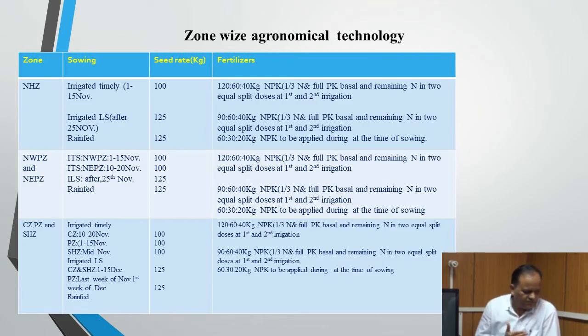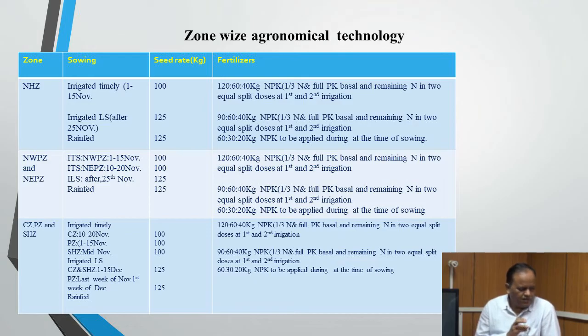And nowadays the fertilizer dose has been increased up to 150 kg, 60 kg and 40 kg in place of 120 kg. So nowadays 150 kg nitrogen is recommended for getting higher yield.